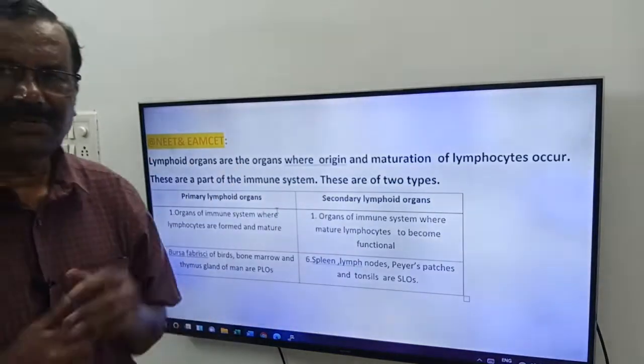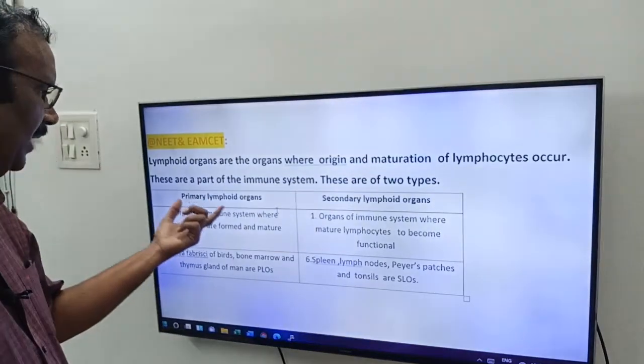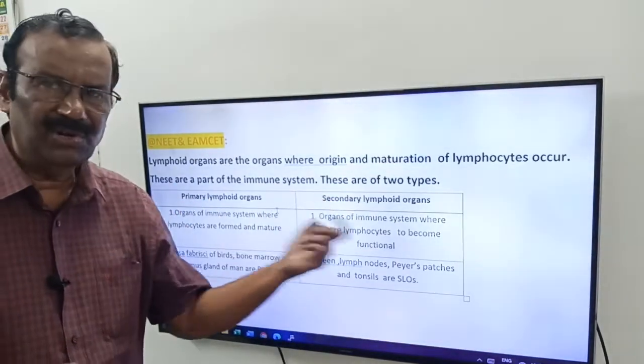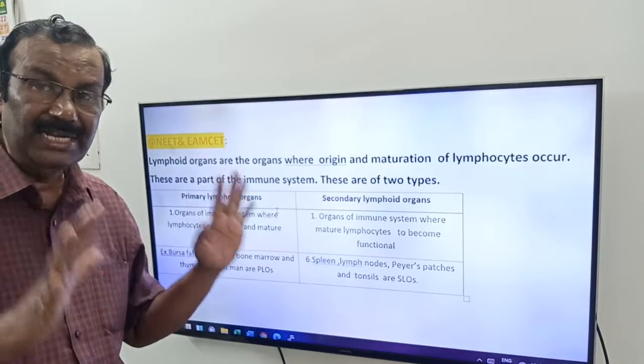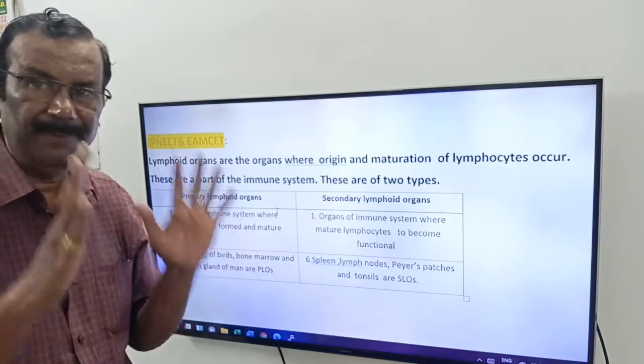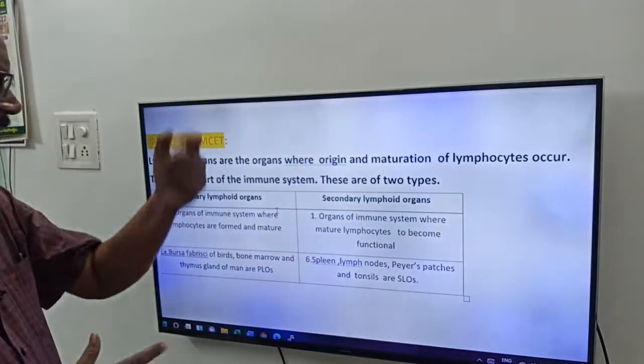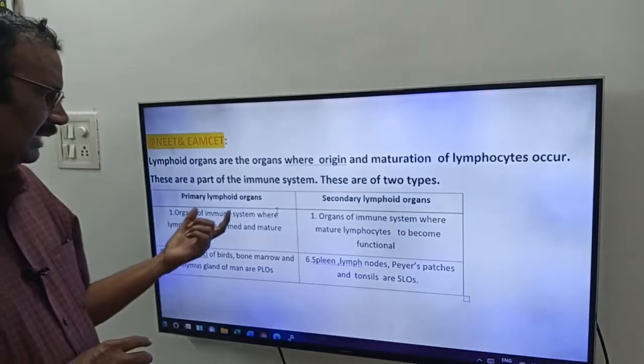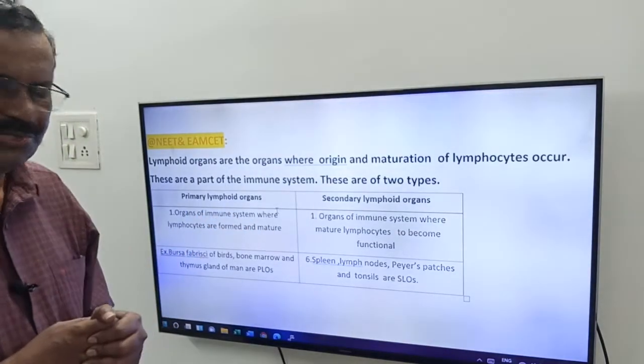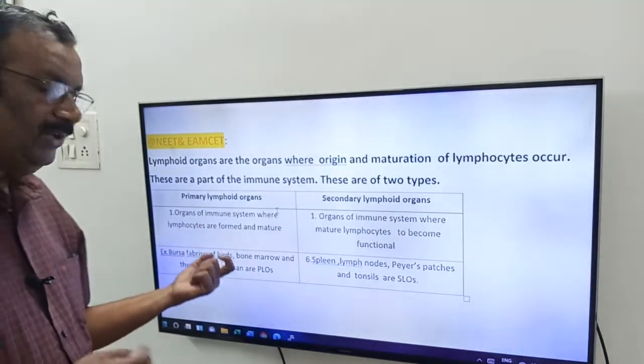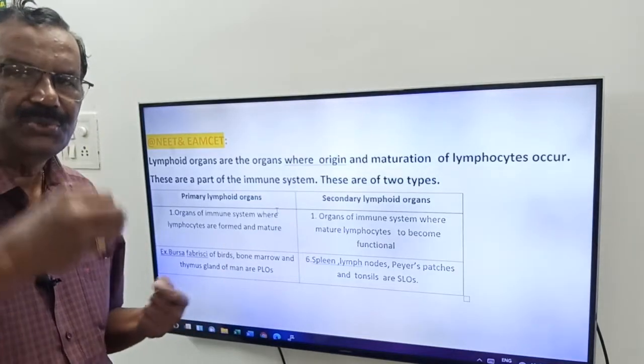These lymphoid organs are of two types: primary lymphoid organs and secondary lymphoid organs. This is for NEET and MSET only, no need to write in the IPE. What are primary lymphoid organs? These are the organs of the immune system where lymphocytes are formed and matured.